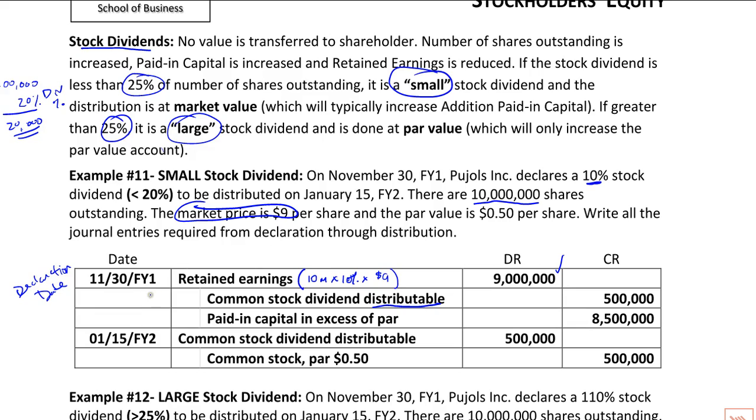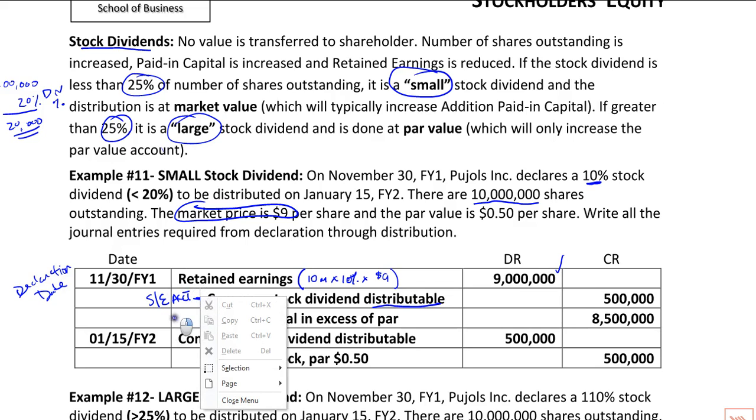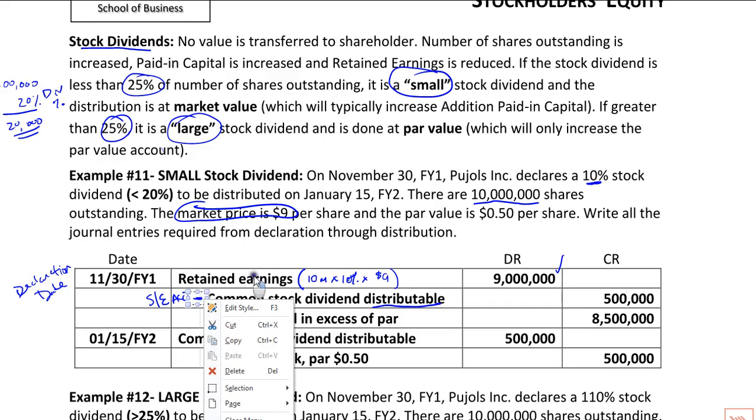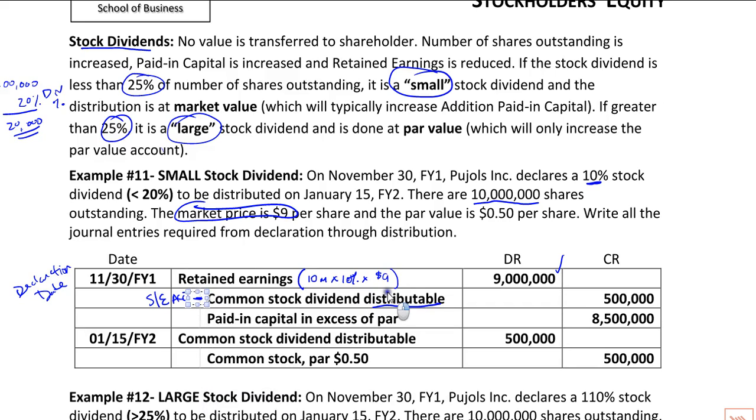This is a stockholders' equity account. FYI, a common stock dividend distributable is a stockholders' equity account. So why do we have 500,000 over here?